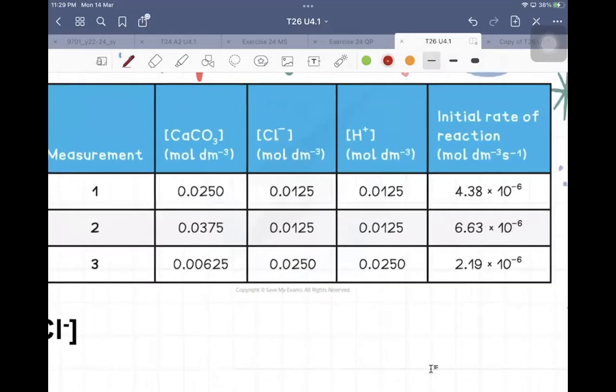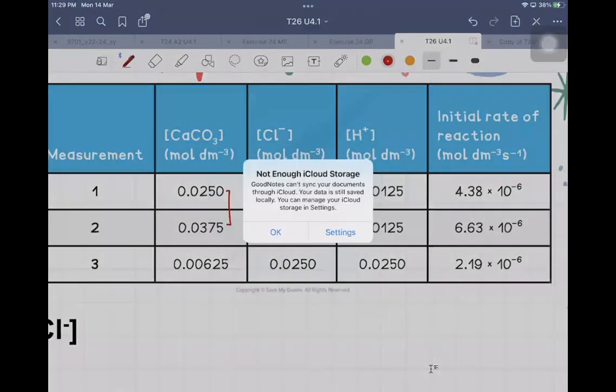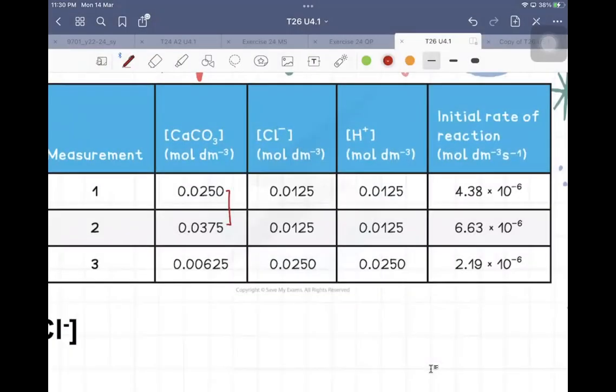So looking at experiment 1 and 2, you can see that only the concentration of calcium carbonate is changing. So I will take 0.0375 divided by 0.0250, whatever the bigger number is.